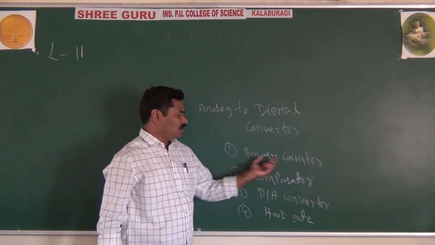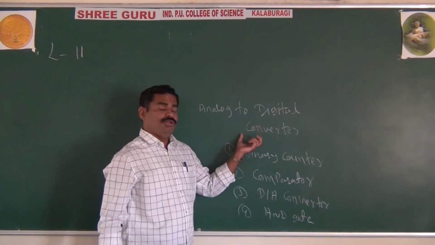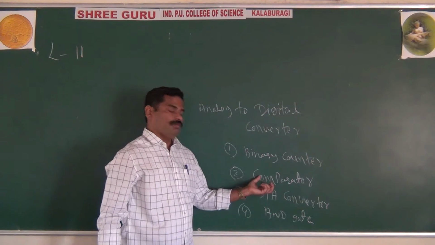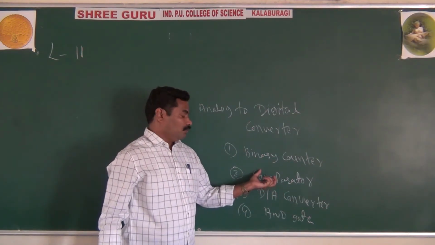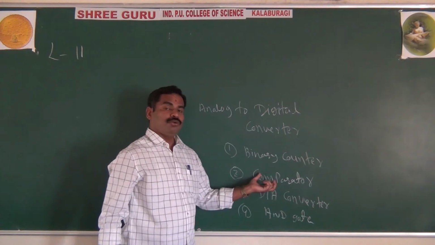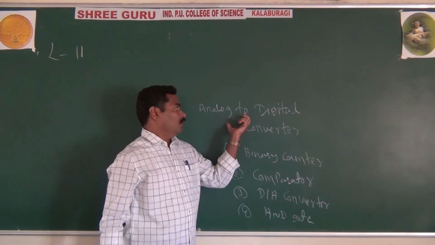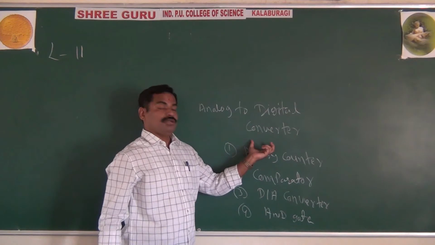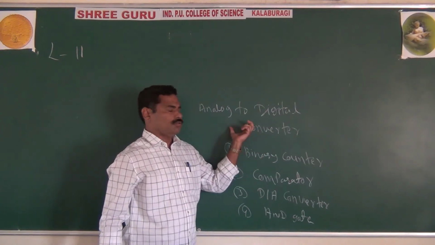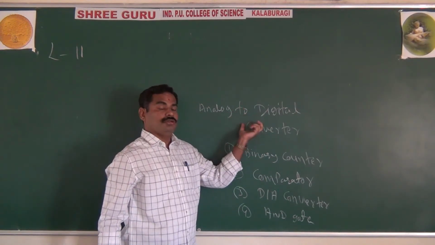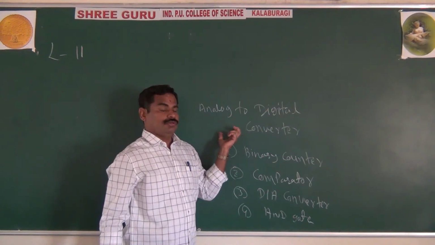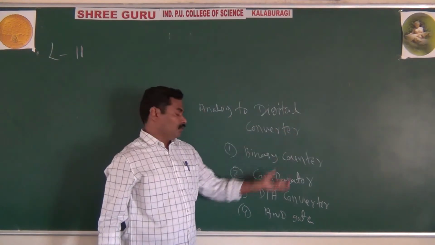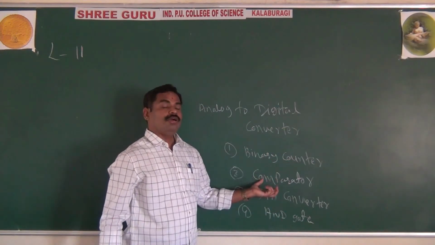And especially in the overall A to D converter, the important thing is the comparator. The comparator has a very important role while converting analog to digital signals. If you apply an analog signal as input and want a digital signal as output, the important thing is that you use the comparator.